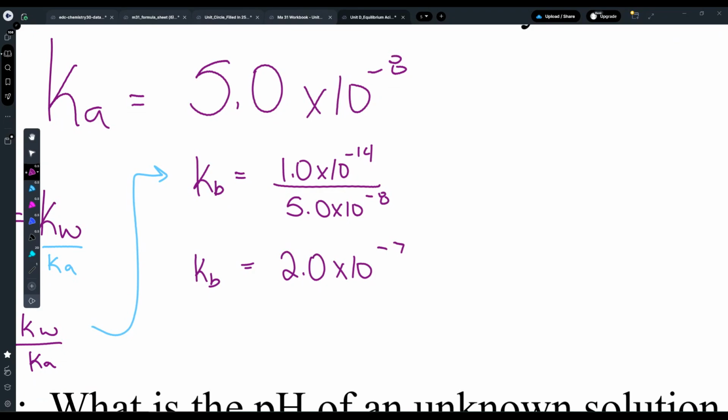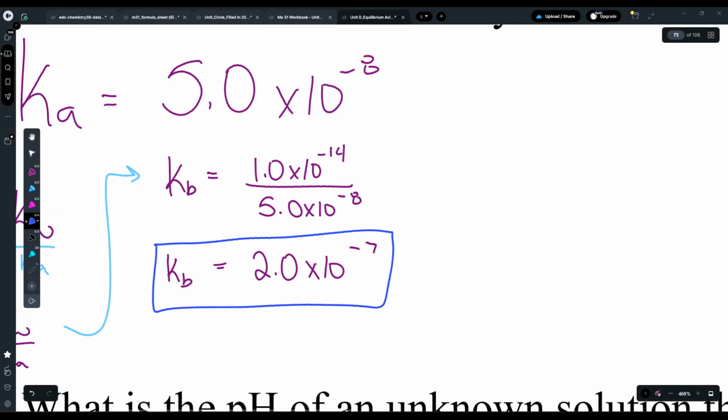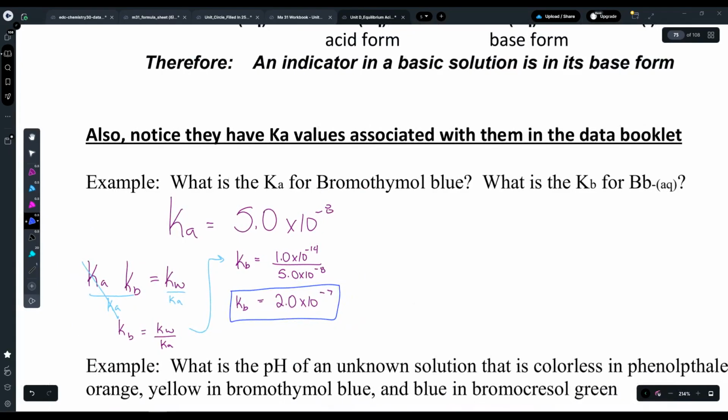But just know on a test or an assignment, it'll tell you how many sig figs to round off to if all of the numbers that you're using are constants. Okay, so this Kb value is associated with the basic form of our indicator here.